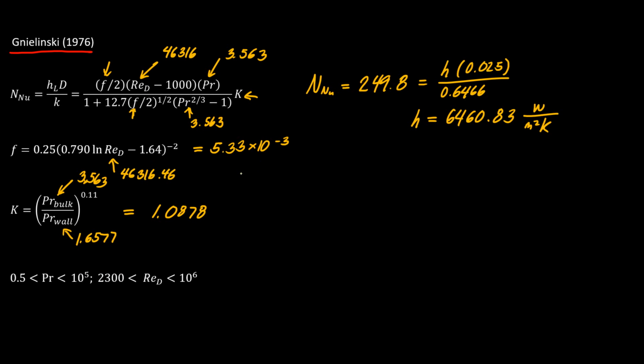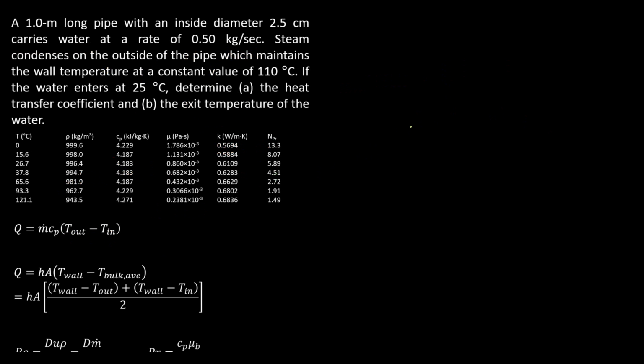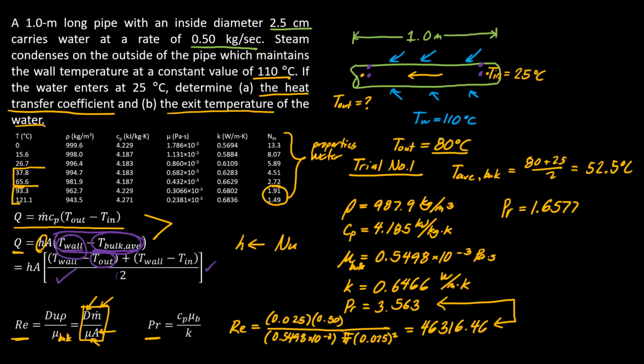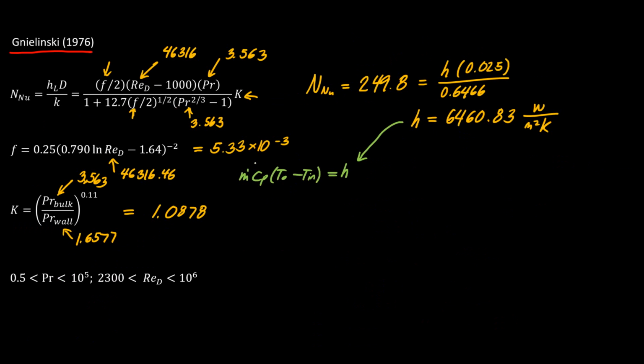I'll be using a different color. So, m cp (T out minus T in) equals H A. H, we plug it here. Even though this H is the result of speculating an exiting temperature, we're still going to place it here. We're going to leave the exiting temperature as the unknown.